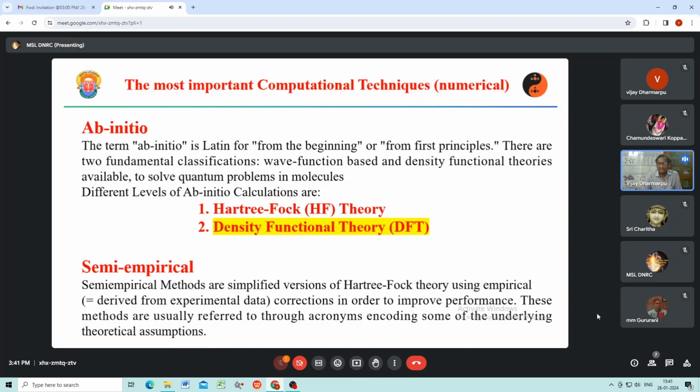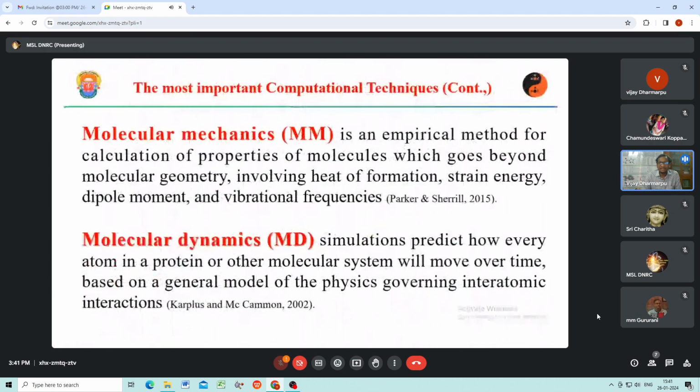Same as semi-empirical methods also; many semi-empirical methods are there, and molecular mechanics and molecular dynamics. I just want to show what the information is. If anybody wants to discuss more, we will discuss after some time.